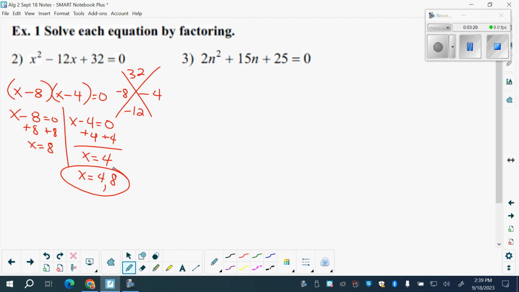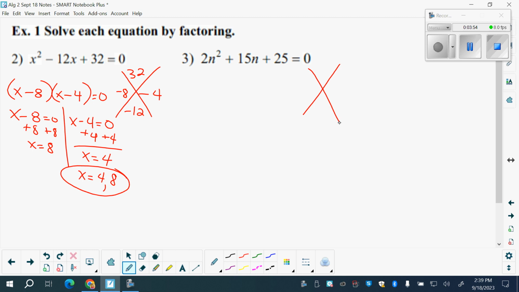So number 3, is that in standard form? Equal to 0. Highest exponent first, then the n, then the number. So what would we do next? We want to factor. We want to take, what's the number that we put up here? 50.